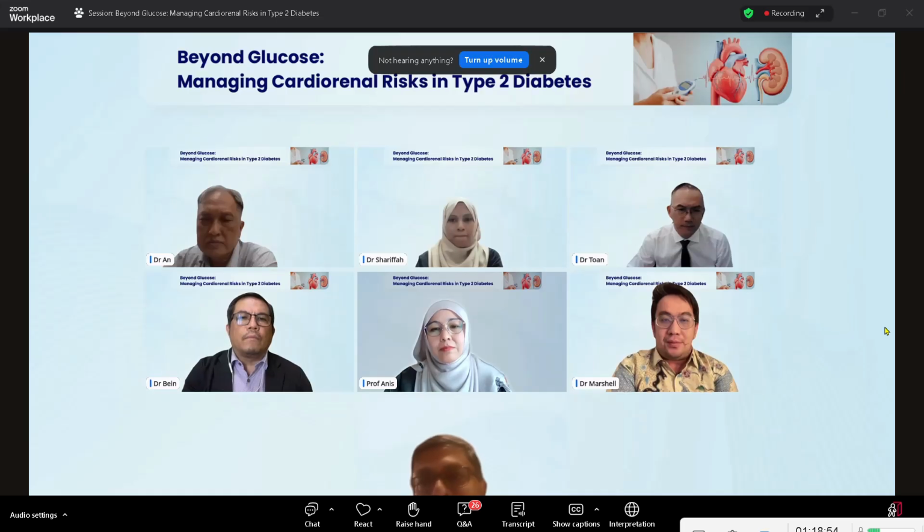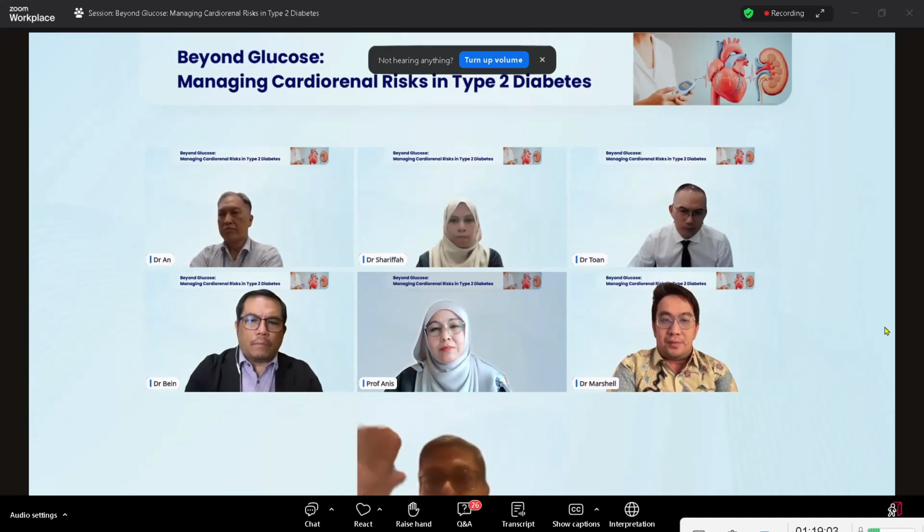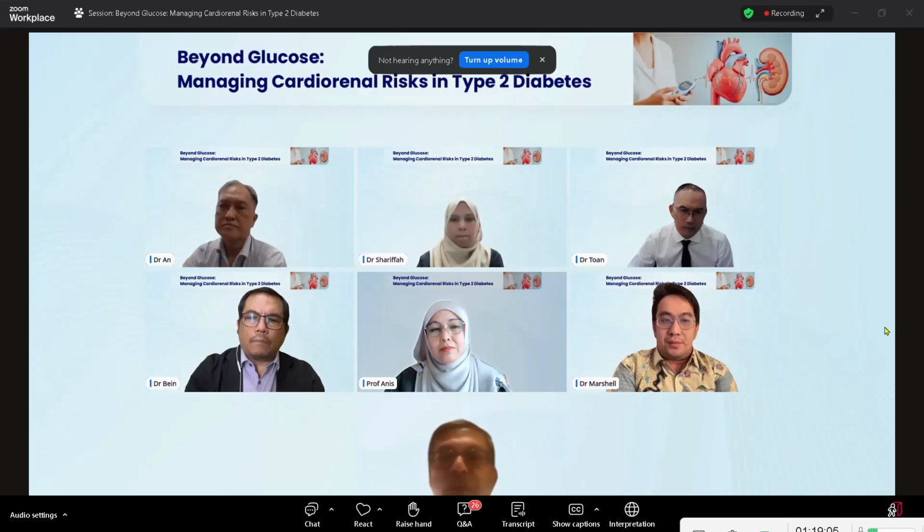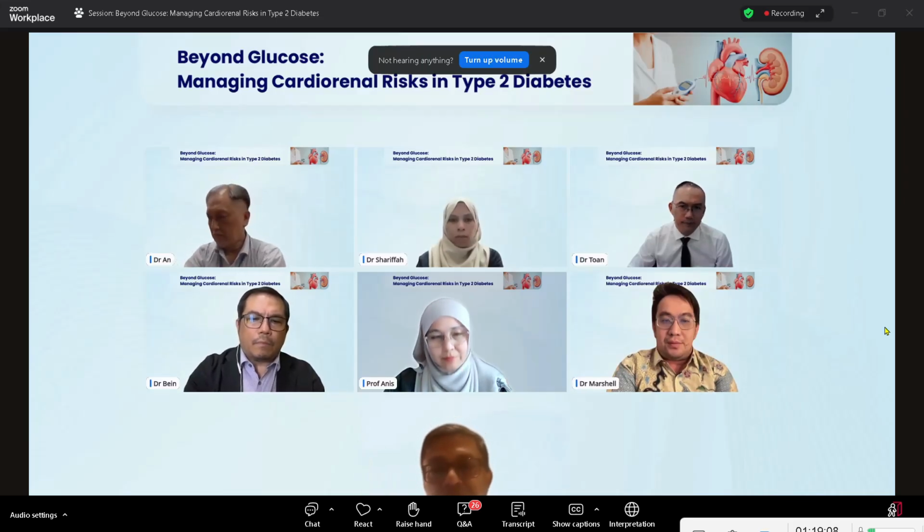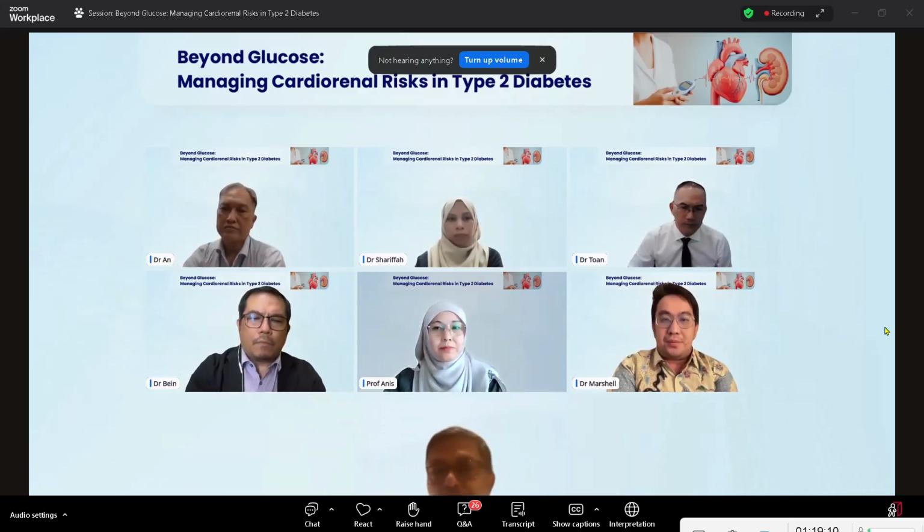So maybe one risk factor which is significantly elevated, and remembering the 5 components of metabolic syndrome. Please don't forget to do the waist circumference, waist-height ratio, etc., which will automatically come in the calculator.